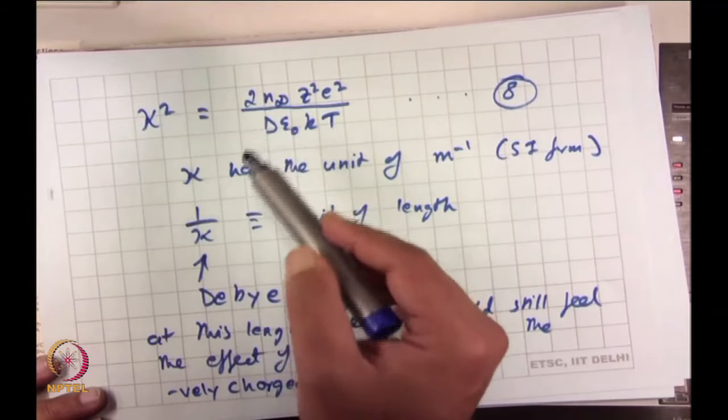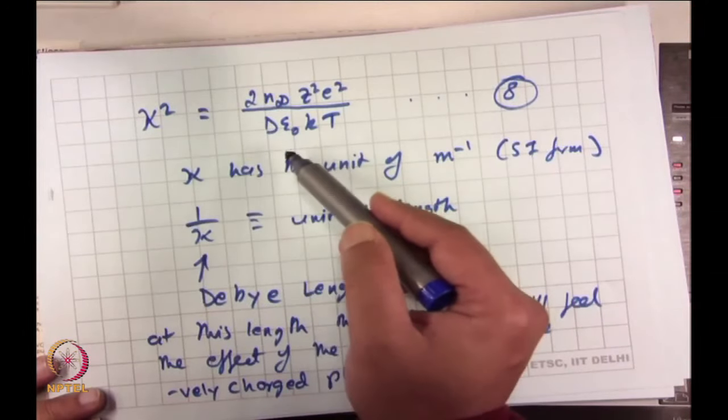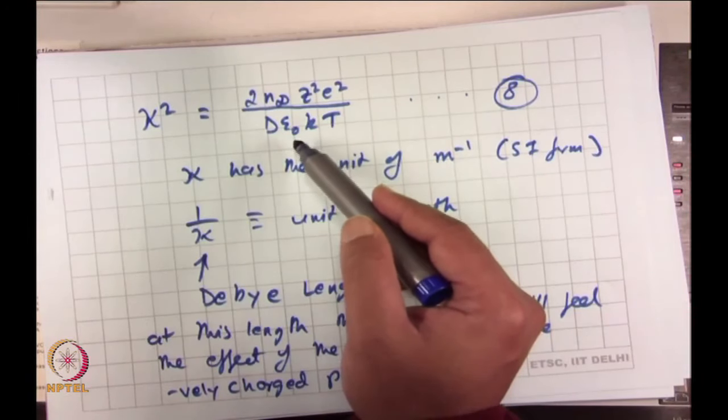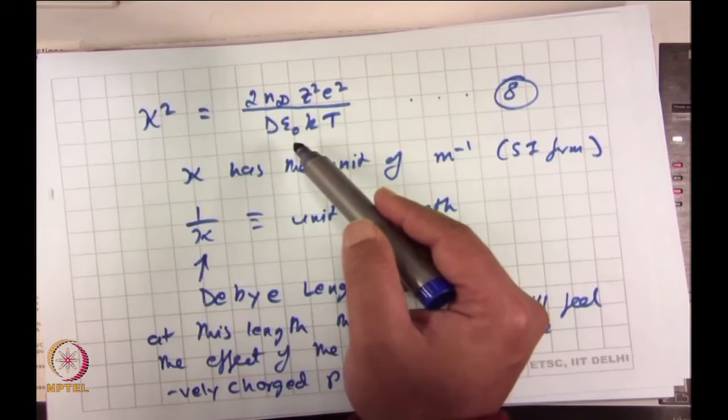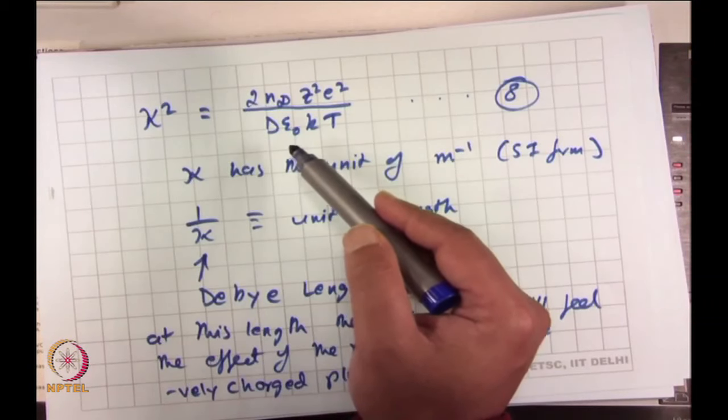That is what it is directly proportional to. What do we have in the denominator? We have temperature and the dielectric constant. See how many different physical parameters can affect this kappa.